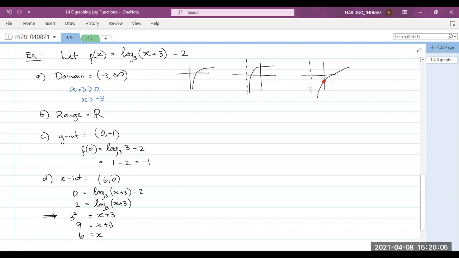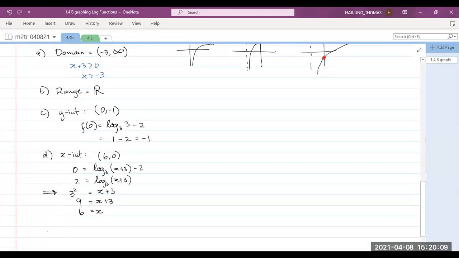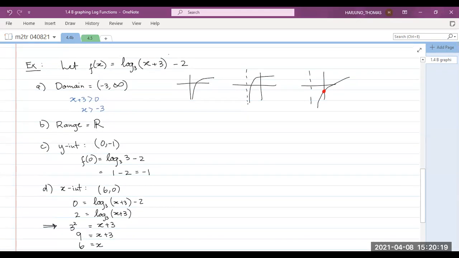Now, how about the vertical asymptote? The vertical asymptote will be x equals -3. Originally, x equals 0. So originally, the vertical asymptote is here, right? When you move it 3 units to the left, it becomes x equals -3.